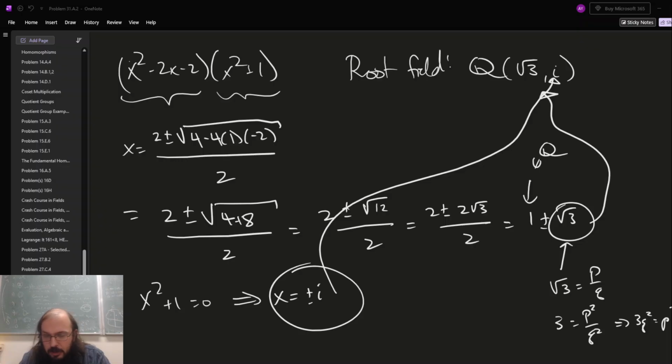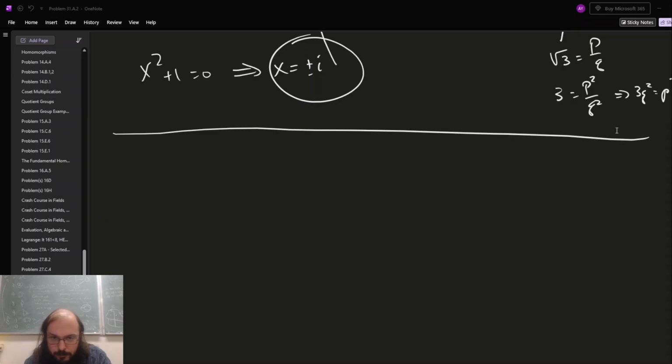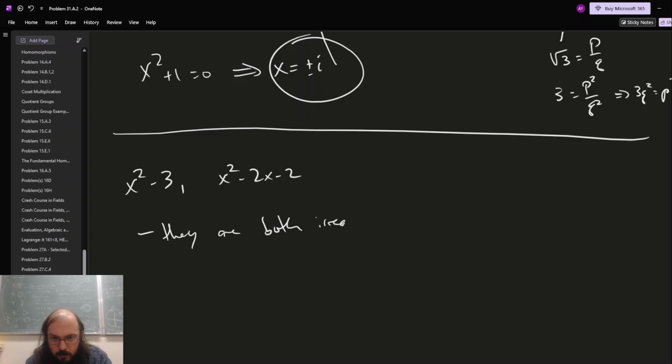I think the problem that's a little bit more interesting is to look at problem 2. This is a little bit of a warm-up, I guess. Problem 2 gives us two polynomials, namely x squared minus 3 and x squared minus 2x minus 2, which we just looked at, and asks us to prove that they are both irreducible and, in particular, that they have the same root field.